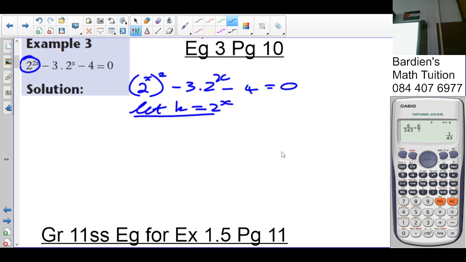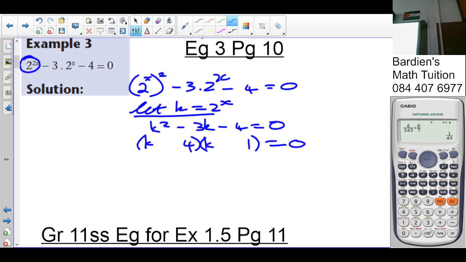Right. So let's go with it. So we say, if k is equal to 2 to the x, so this will be k squared minus 3 times k minus 4 is equal to 0. So what is that to us now? A basic trinomial. So what do we do now? Factorize. You can use the quadratic formula if you're exposed to it at this point.